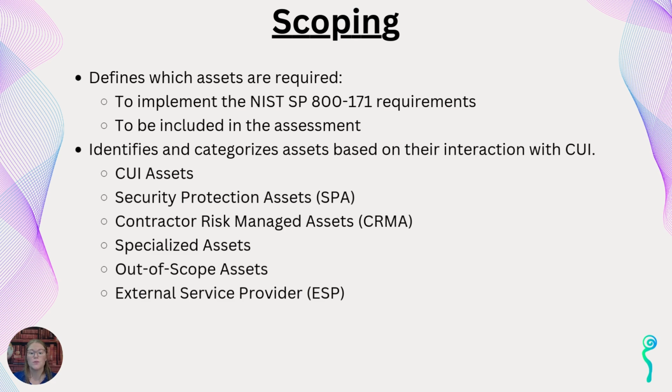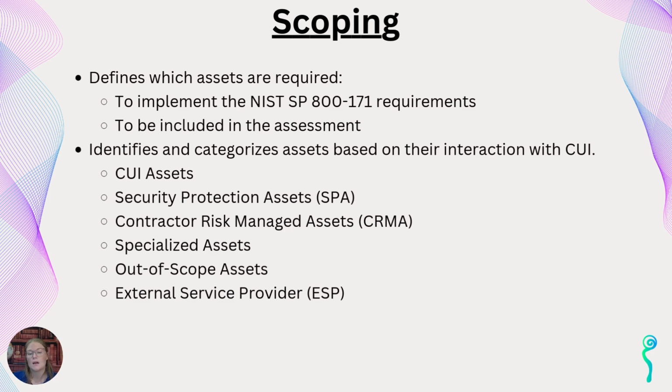In order to properly categorize your information systems and assets and to define your CMMC assessment scope, you will need to have a good understanding of how your systems are interacting with CUI information or protecting CUI information.